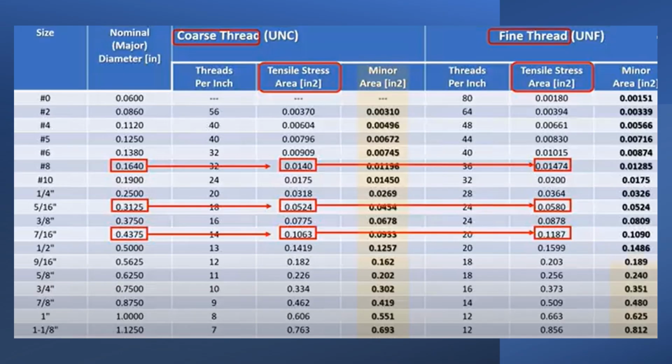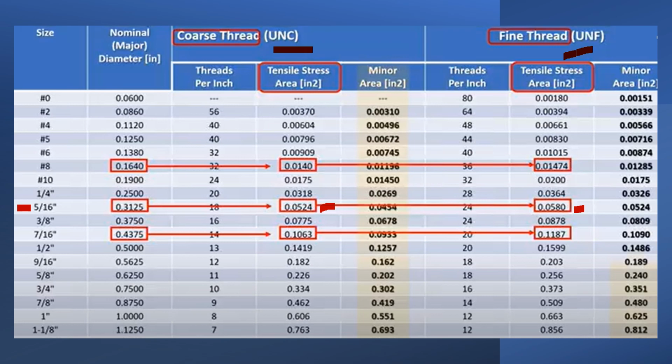So here I have mentioned a comparison of coarse thread and fine thread, UNC and UNF. You can see usually the tensile strength of the fine thread is higher than the coarse thread. Take an example, size 5/16 inch. The tensile stress area is 0.0524, whereas the fine thread is 0.0580. So this is another advantage of fine thread over coarse thread.